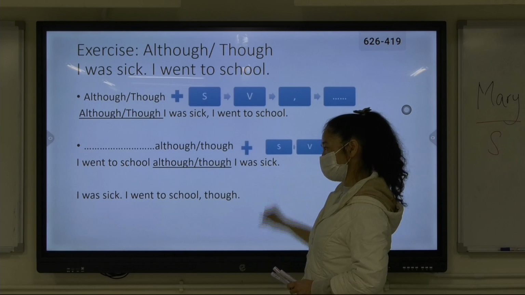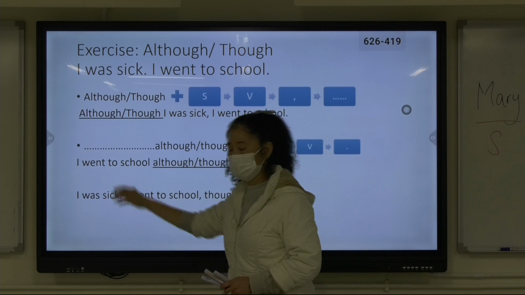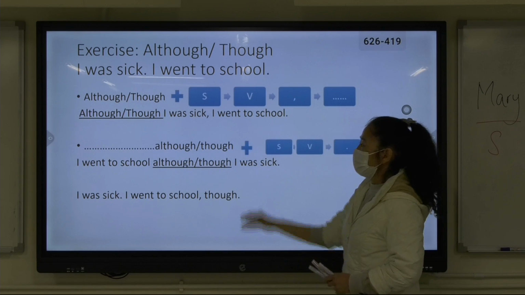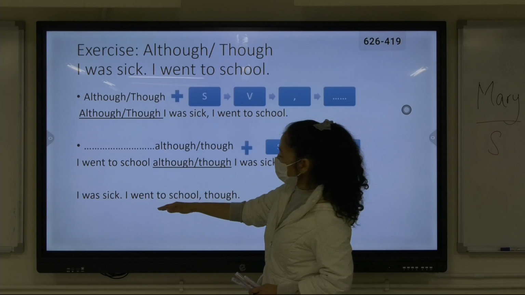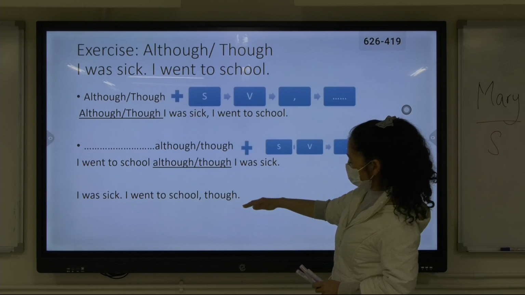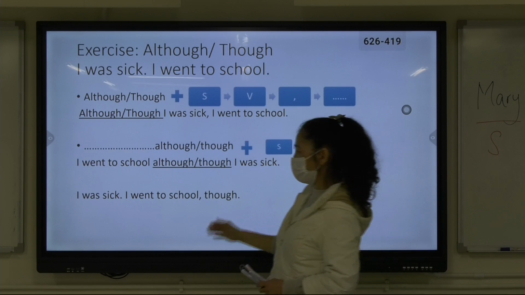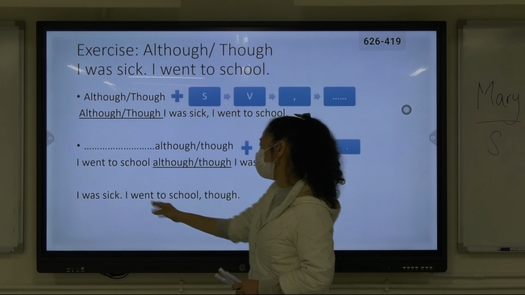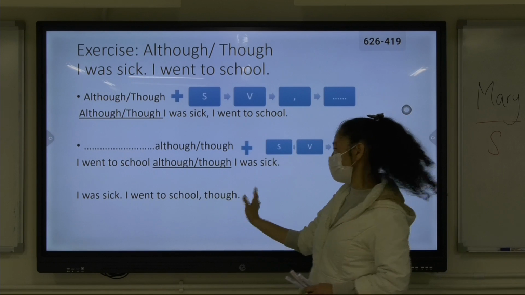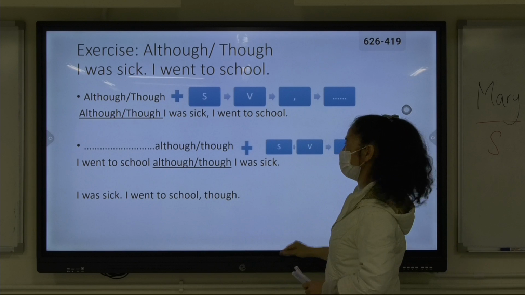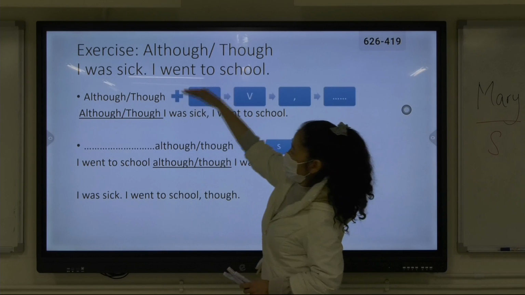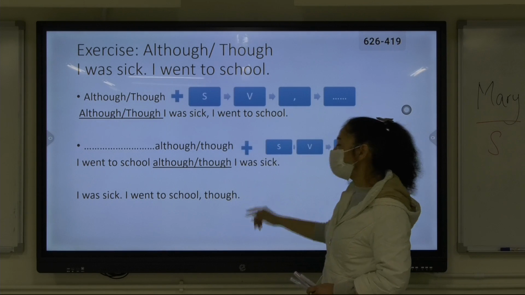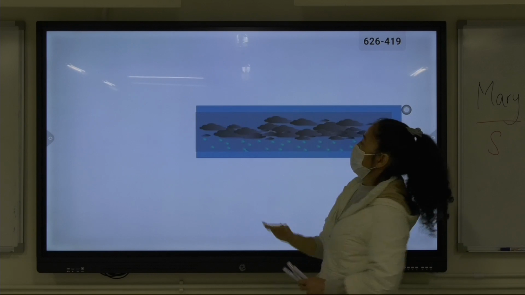I went to school, I was sick. So, as for the end of the sentence, only though can be put. So, I was sick, full stop, I went to school, comma, though. You can't put although here, it is wrong. So bear in mind, beginning, middle, the end, only though can do it.